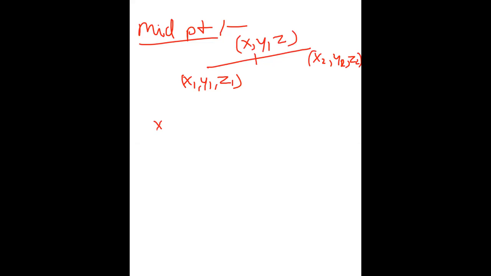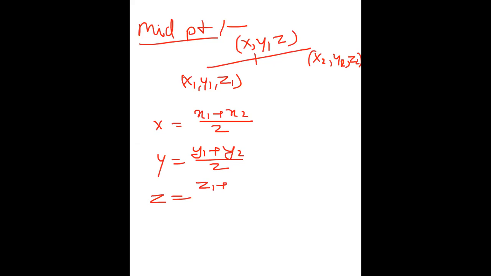So x will be x1 plus x2 by 2. Y will be y1 plus y2 by 2. Z will be equal to z1 plus z2 by 2. This is the midpoint between the given points x1, y1, z1 and x2, y2, z2.